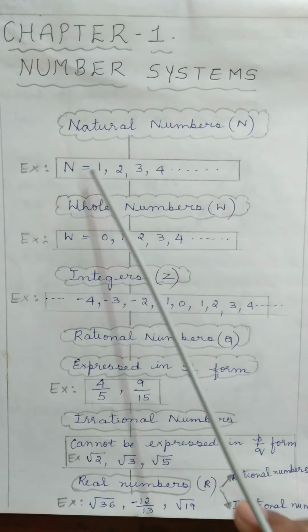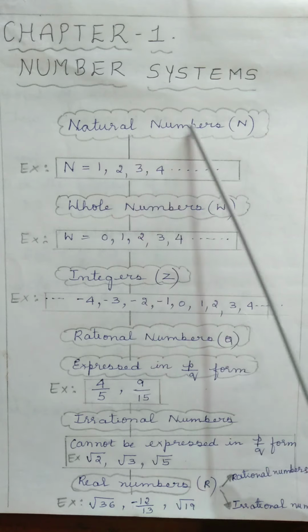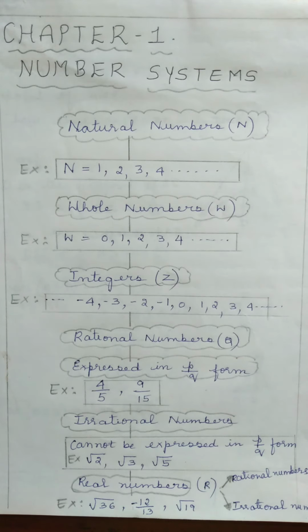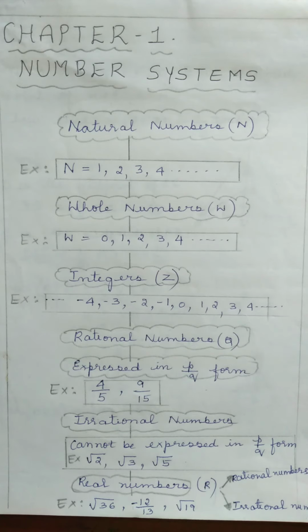The numbers 1, 2, 3, 4, etc., which we use for counting, are known as natural numbers, and these are denoted by the symbol N. Next is whole numbers.